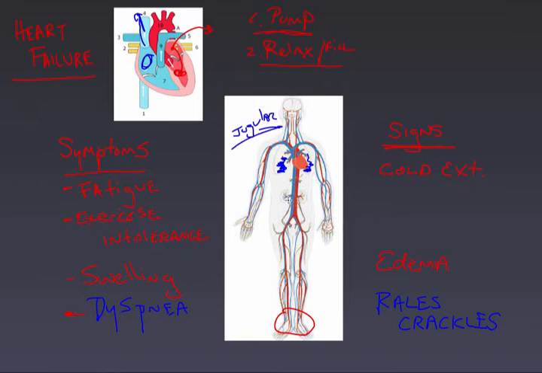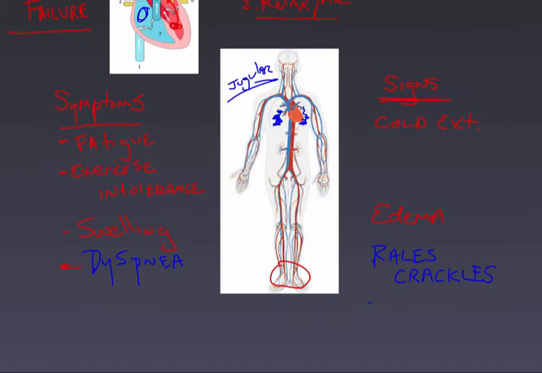If you have this backflow, you start to see your jugular veins get distended, and that's what we call JVD, or jugular venous distension. That's another sign that we see.